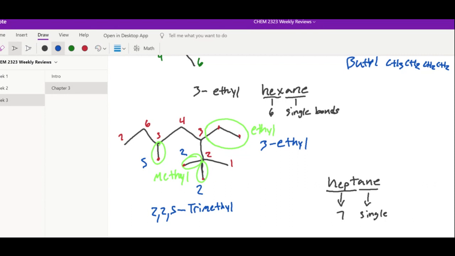Okay, now we have to figure out which substituent goes first. For the most part, it's always going to be alphabetical order.